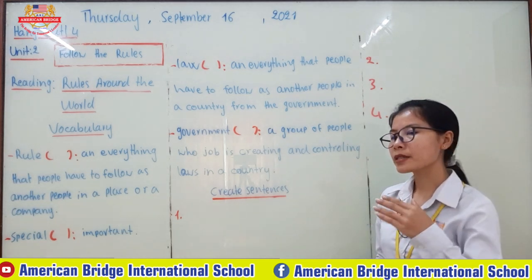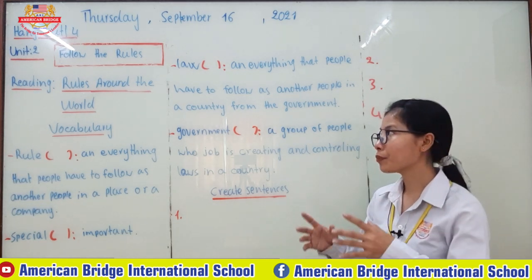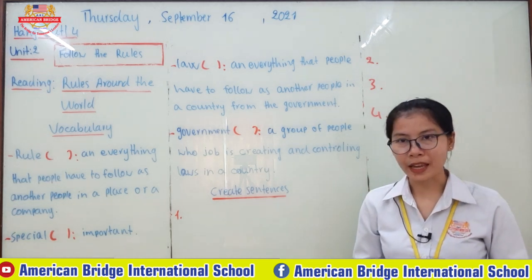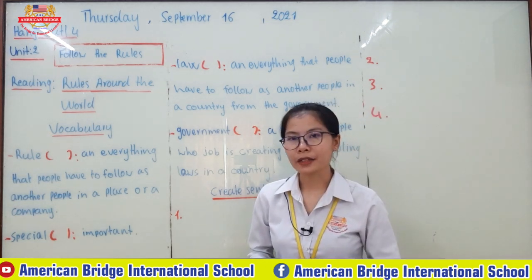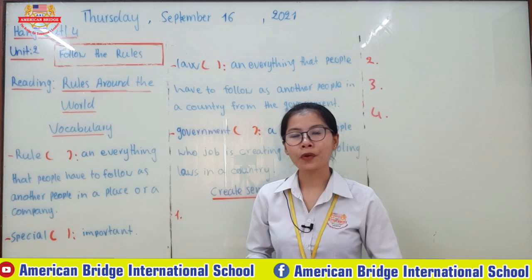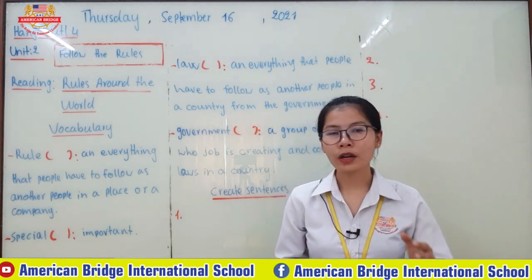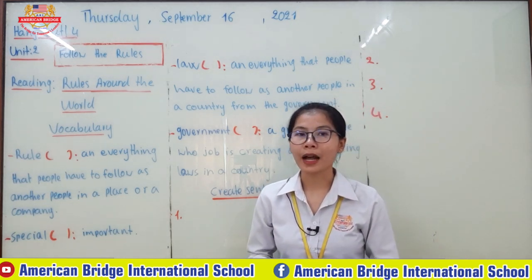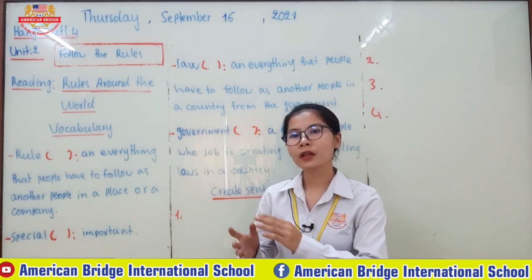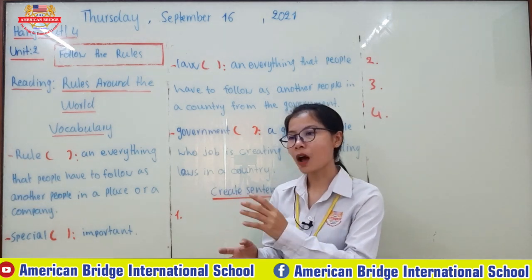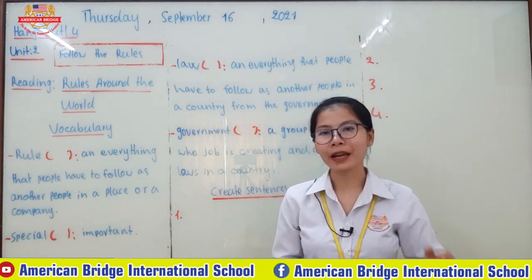As I already mentioned when you learned Unit 2 on the first day, I would like to explain again that a rule is different from the law, different from the culture. A rule you follow is based on what the people in a place set.